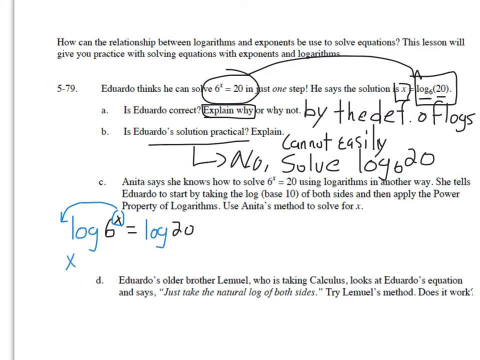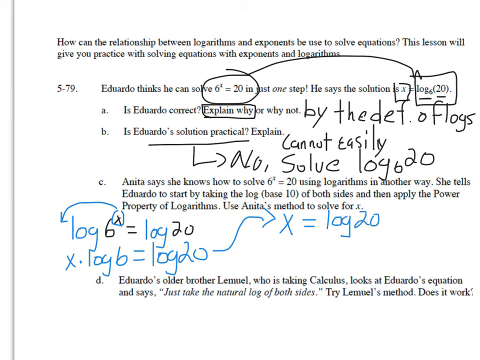So I now have x times the log of 6 equaling the log of 20, which, if I divide both sides by the log of 6, gives x equals the log of 20 divided by the log of 6.